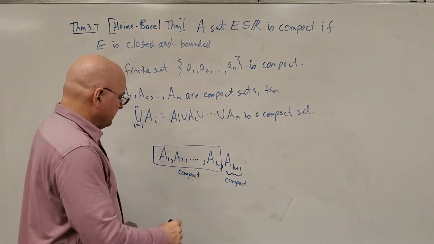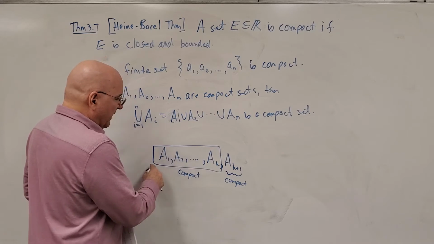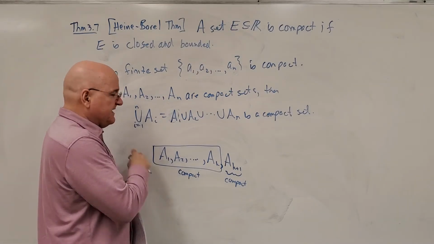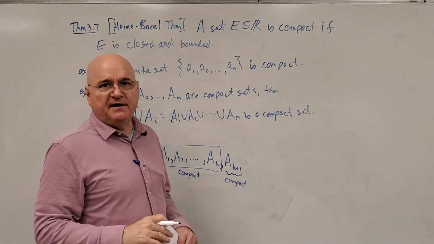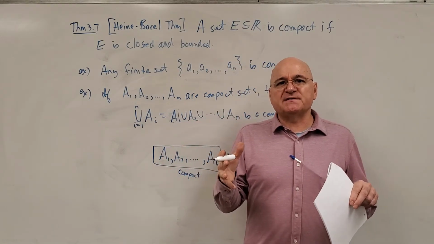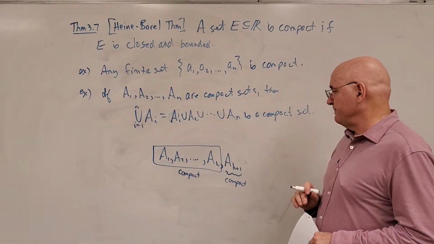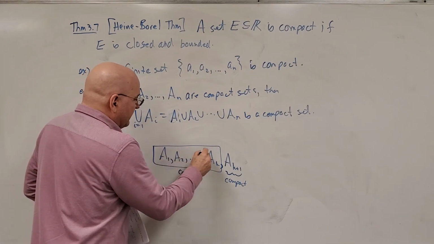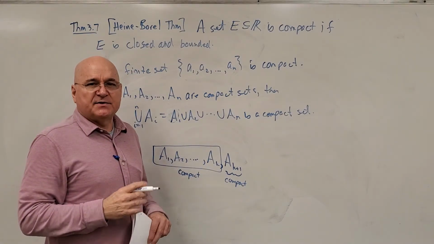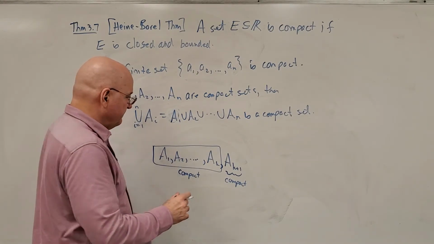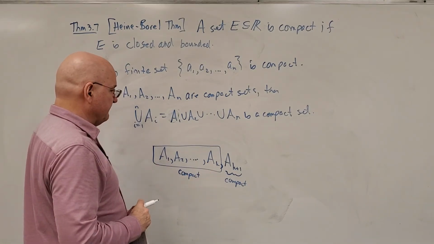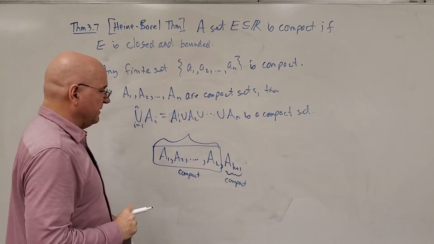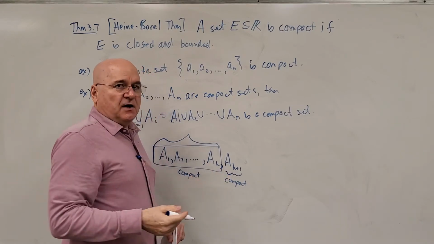And that's pretty easy. All you have to do is take an open cover of all of these sets. So it's a collection of open sets whose union covers all of them. Well, for A1 through AK, we know that's a compact set, so there's a finite subcover of the collection of open sets. There's a finite number of them that will cover all of these. That's by the inductive step. Well, this one set is a compact set.